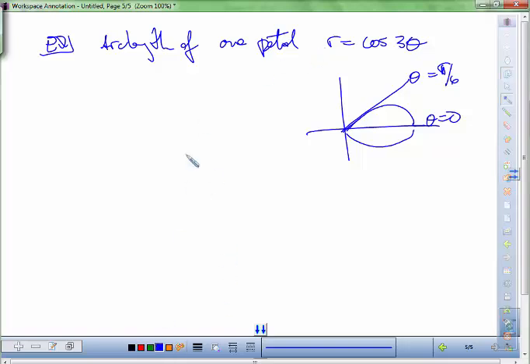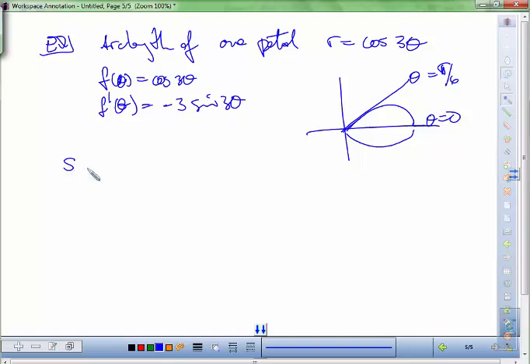So what do we need? We need f. F of theta is cosine 3 theta. F prime of theta is negative sine 3 theta times 3. And so we need to put that into the integral under a square root and each of them squared.